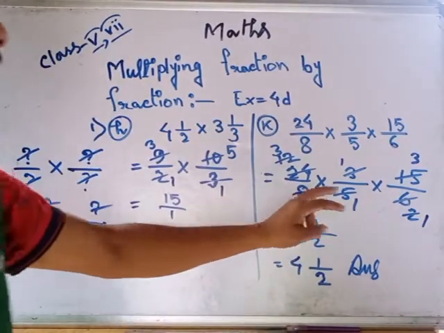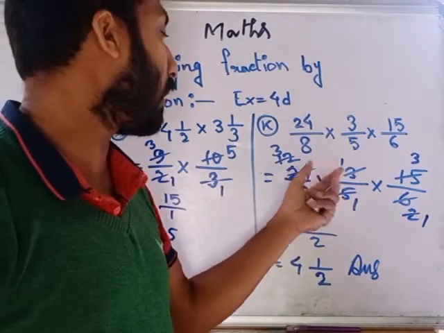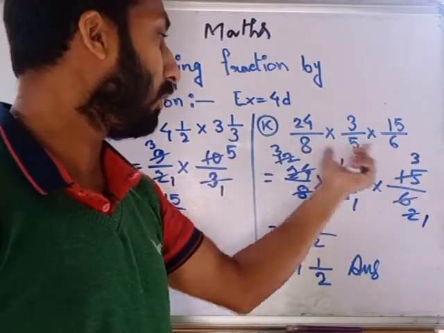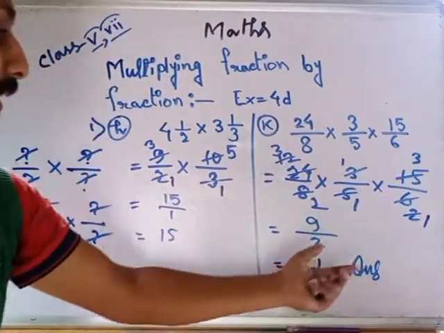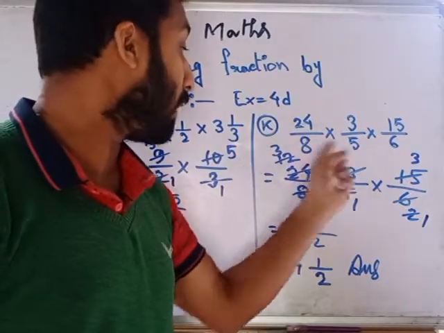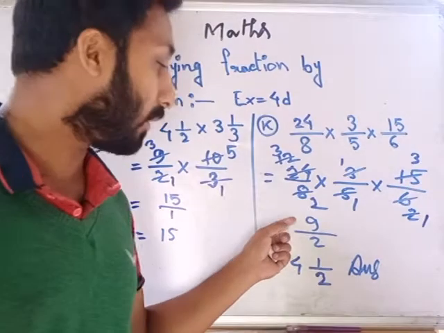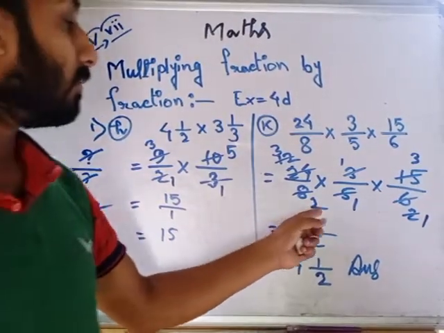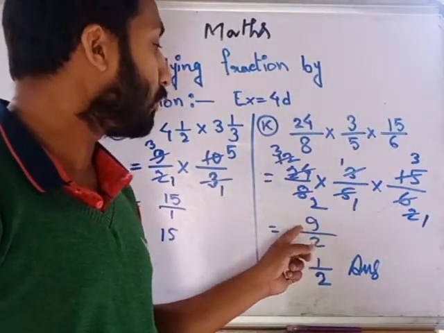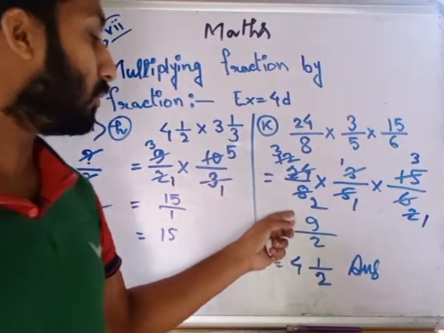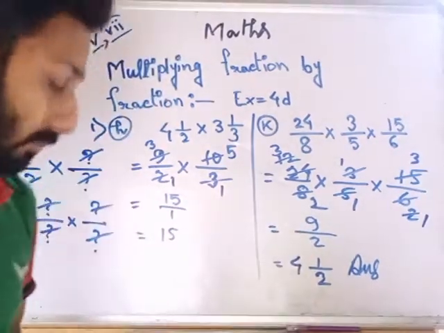After calculating the lower part, we should multiply the numerators and the denominators. You should multiply the numerators and write over here as a numerator. 3 3s are 9, so we should write here 9, and 2 1s are 2, so we should write here 9 by 2.